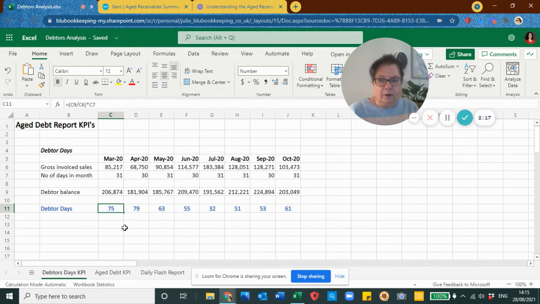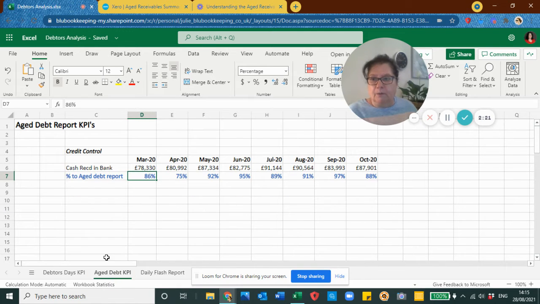It's little things like that, but it does mean that you need to start really drilling into your credit control process. The next KPI that I've got here to show you is how much cash against the aged debt report has been collected in the month, and this generally is a good KPI to speak to your credit controller about, to see whether they understand exactly what impact this has on your business. So again, I've got month by month.